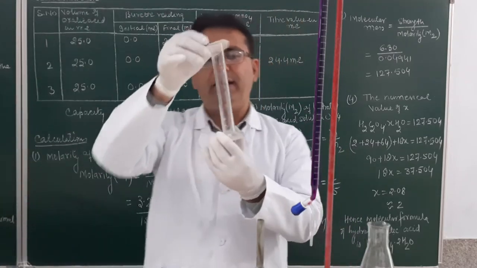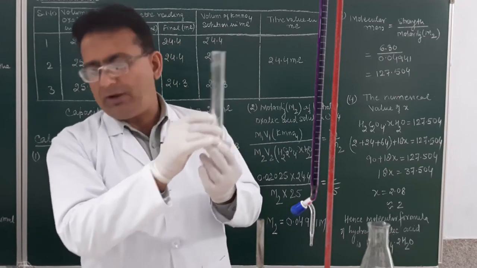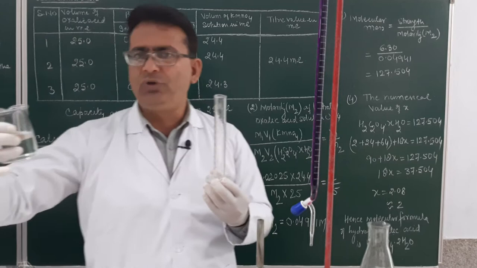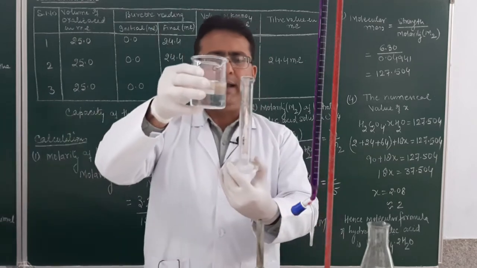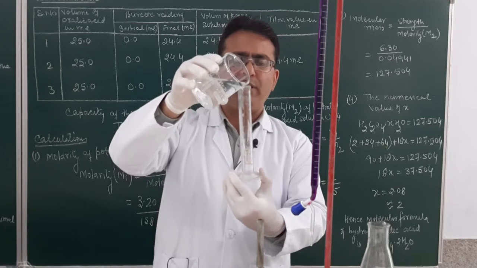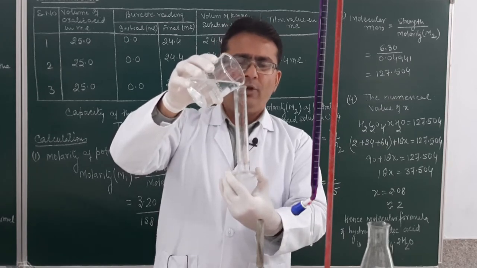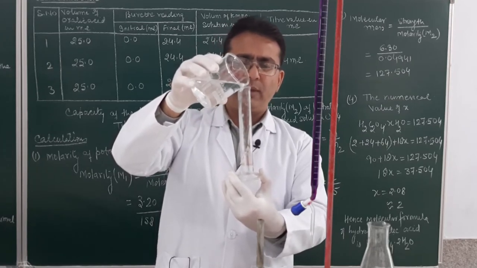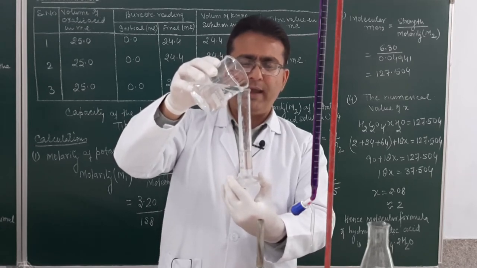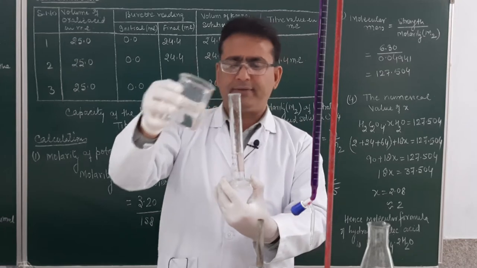This is a measuring cylinder. This is 20 ml over here. And this is dilute sulfuric acid. I'll add dilute sulfuric acid into this up to 20 ml. So through the measuring cylinder, 20 ml of dilute sulfuric acid is to be added into the flask.